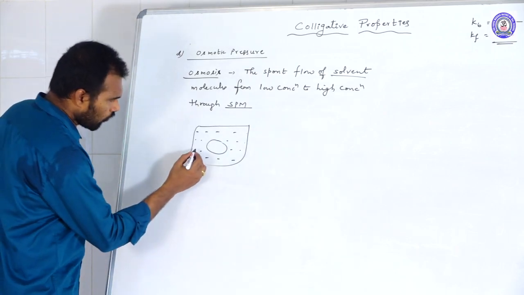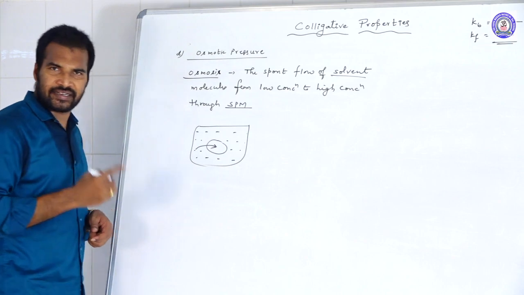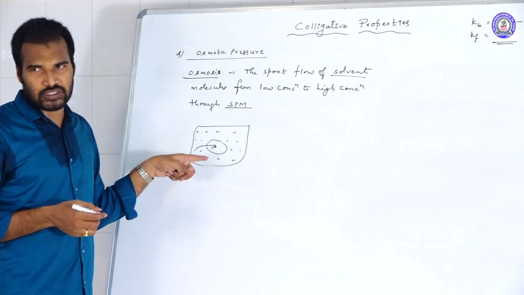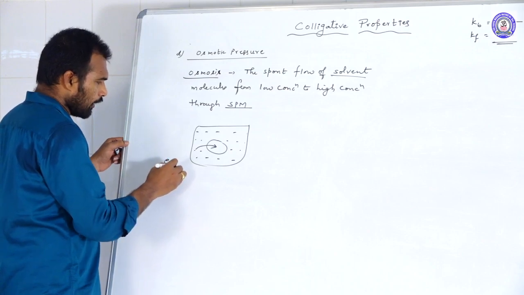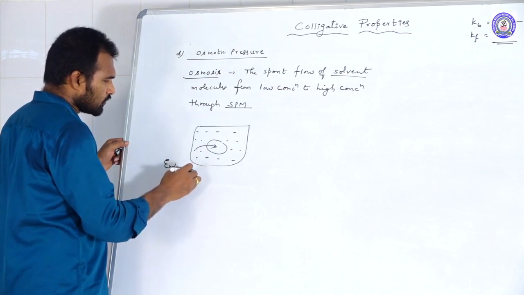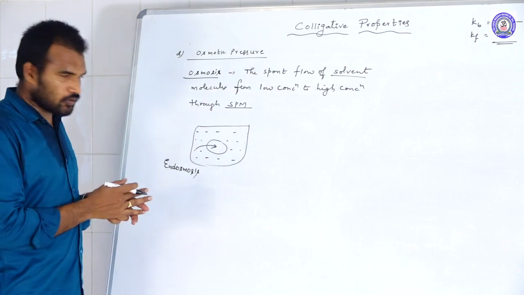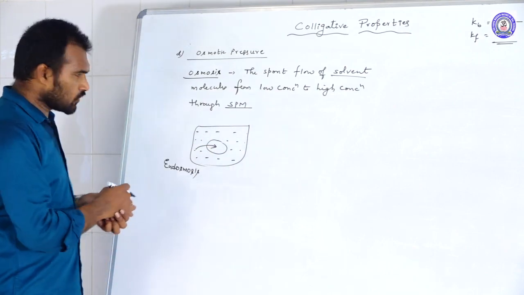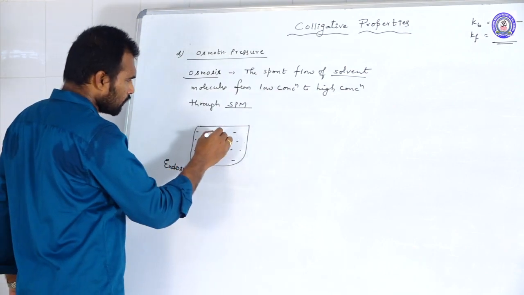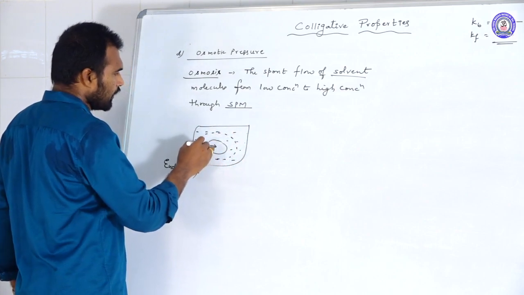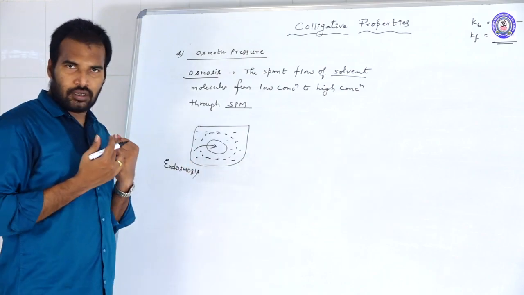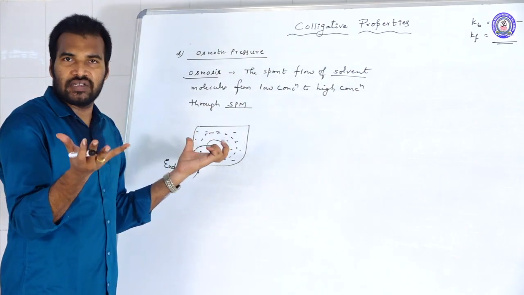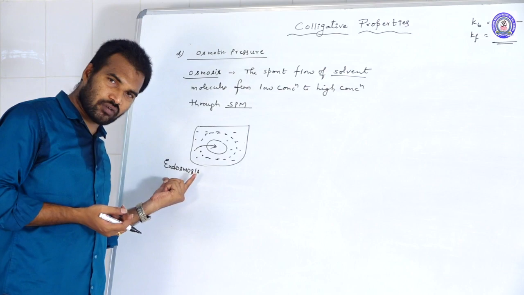The movement of water from outside to inside, that is what we call endosmosis. After the endosmosis, the size of the resin will increase. The water makes the resin bulge and increases its size.